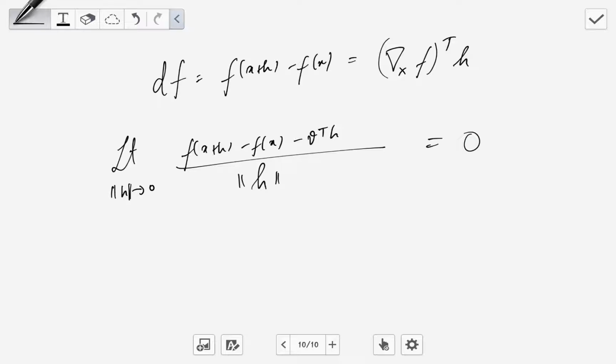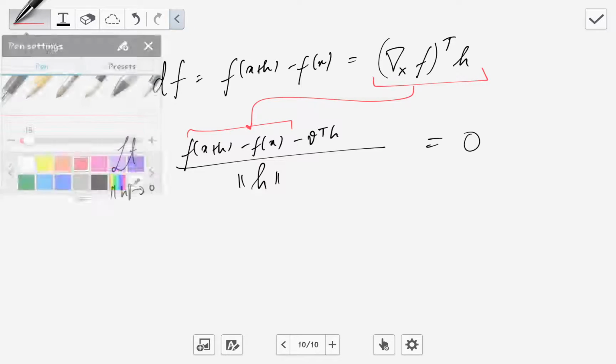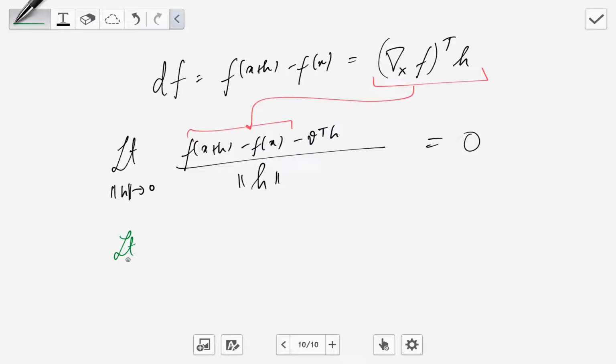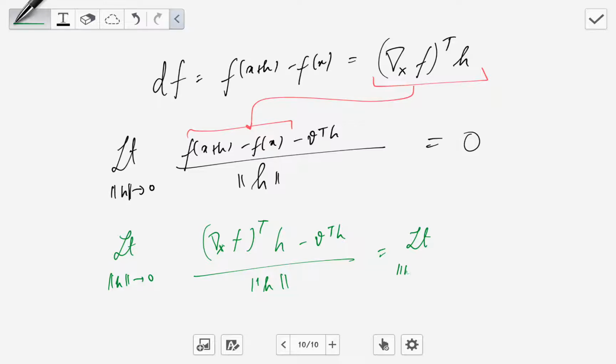This has to be. Now let us try to substitute this here. We can do that, right? Now what do you get? Limit norm h tends to 0, of del f transpose h minus v transpose h by norm h.